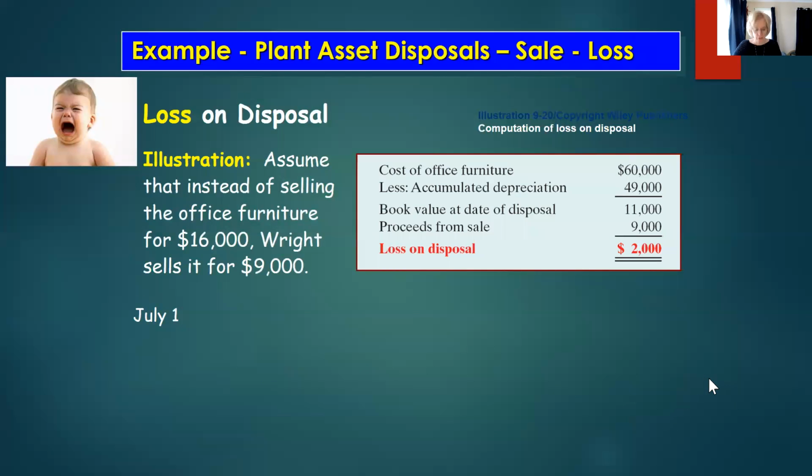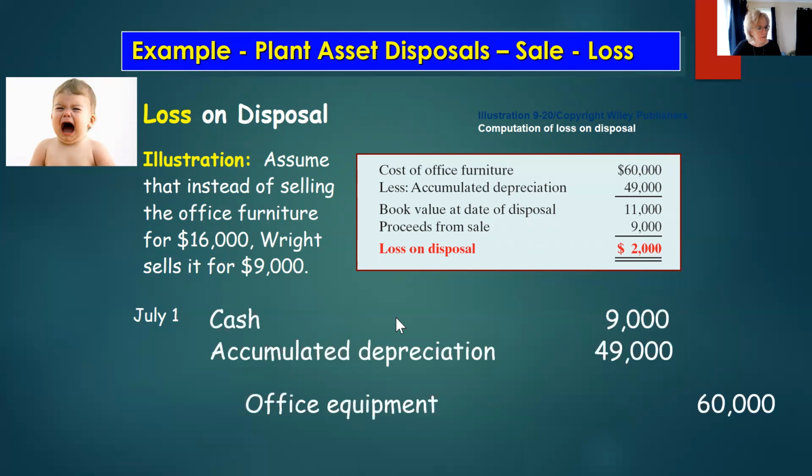Okay, let's do a loss on disposal. I don't think I gave you a spot for it, so you're going to have to just squeeze it in. Assume instead of selling the equipment for 16, they only sold it for 9. So you'd build that same journal entry, 60 on the right, but now we only have 58 on the left.